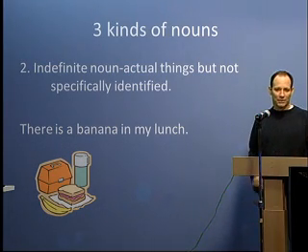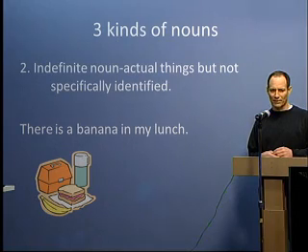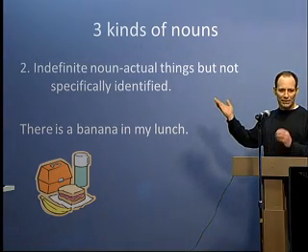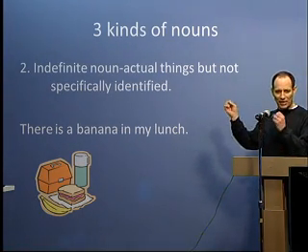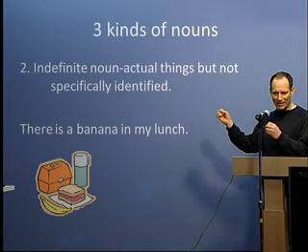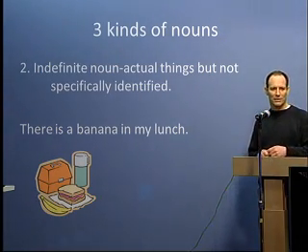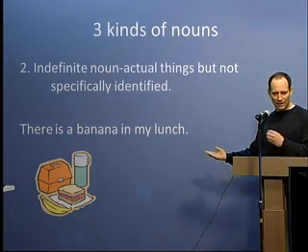Next, after generic nouns, another kind of noun is the indefinite noun. The indefinite noun is the actual thing, but that actual thing is not specifically identified. We'll talk about that later. So, for example, look at my sentence. There is a banana in my lunch.